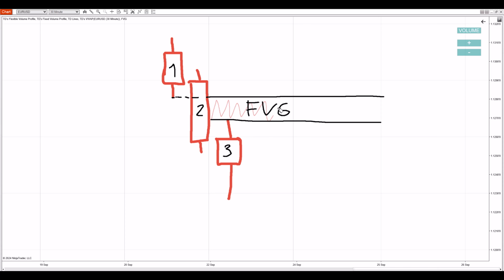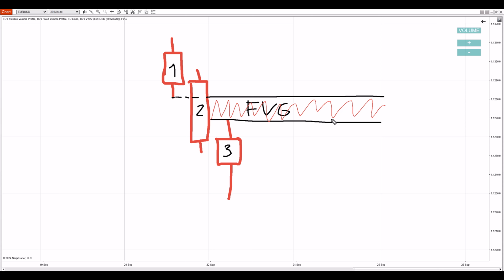This whole zone is a bearish fair value gap. Now again, if the wicks overlapped, like this, for example, then there would be no fair value gap. Alright? But because it is like this, they don't overlap, then we have the fair value gap.